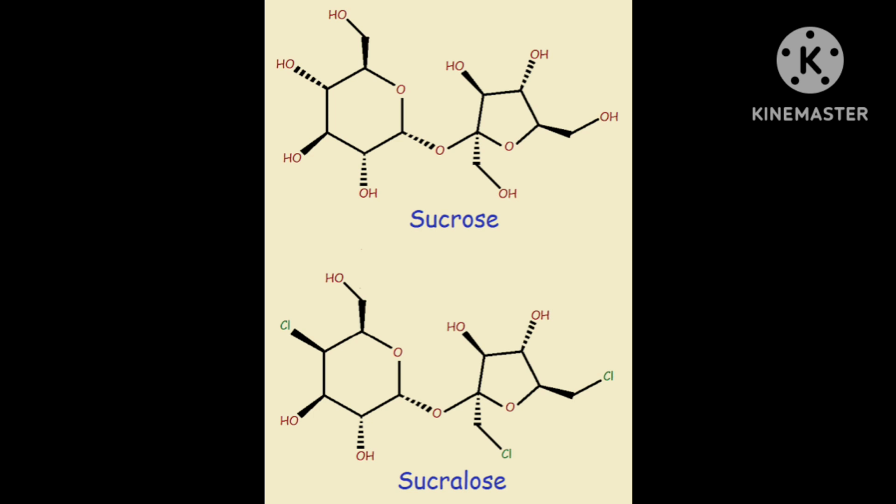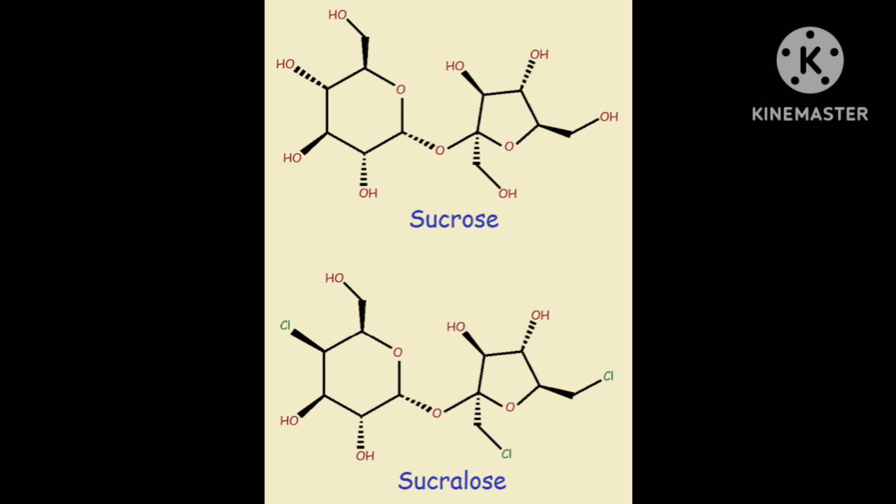If you look at the structure of the aspartame molecule, it is a long structure and it has two parts. This structure can be divided into two parts. The first part is aspartic acid. The name itself tells you: aspar comes from aspartic acid, and the other part is tame.